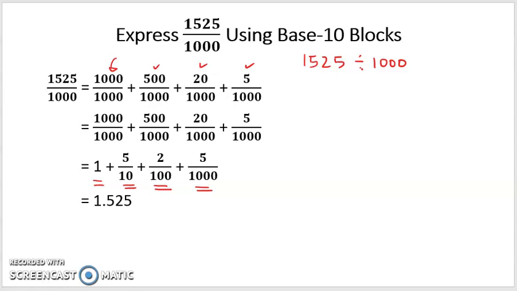So as a decimal, 1,525 over 1,000 equals 1 whole and 5/10, 2 hundredths, and 5 thousandths, or 1.525. So we've taken this fraction and represented it as a decimal, and now we're ready to represent that using base 10 blocks.